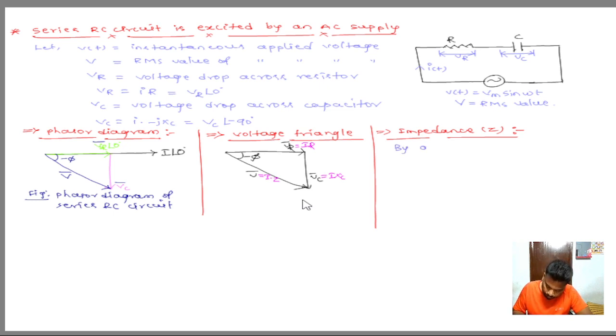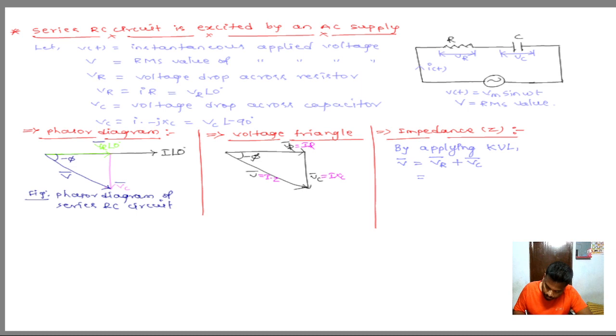By applying KVL, we can write total applied voltage is equal to the voltage drop across resistance plus the voltage drop across capacitance.